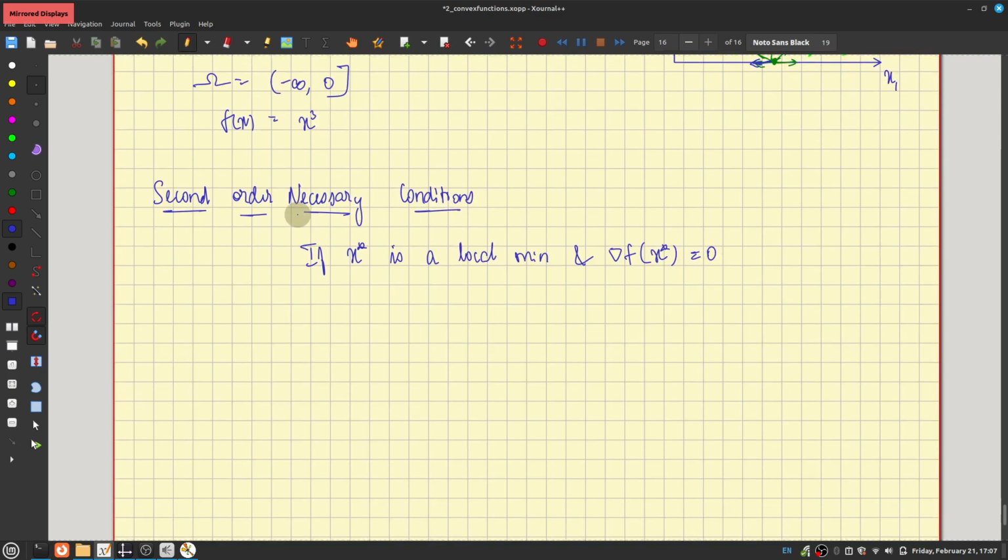So then it could be helpful to know something about the second derivative.